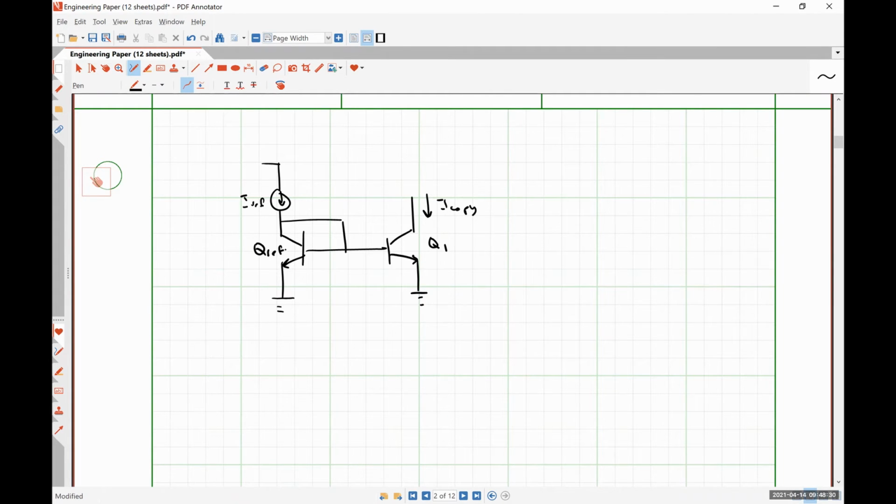So we know that ICRef can't be exactly equal to IRef because there's base current being supplied from IRef as well. In a MOSFET, we don't have to worry about that because there are no base currents to deal with. So ICRef should be exactly equal to IRef, which would be exactly equal to ICopy.